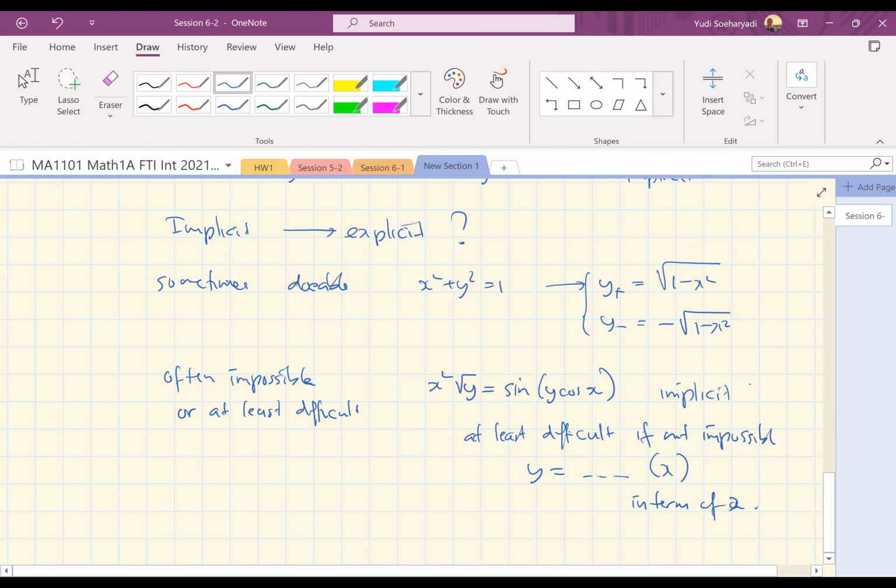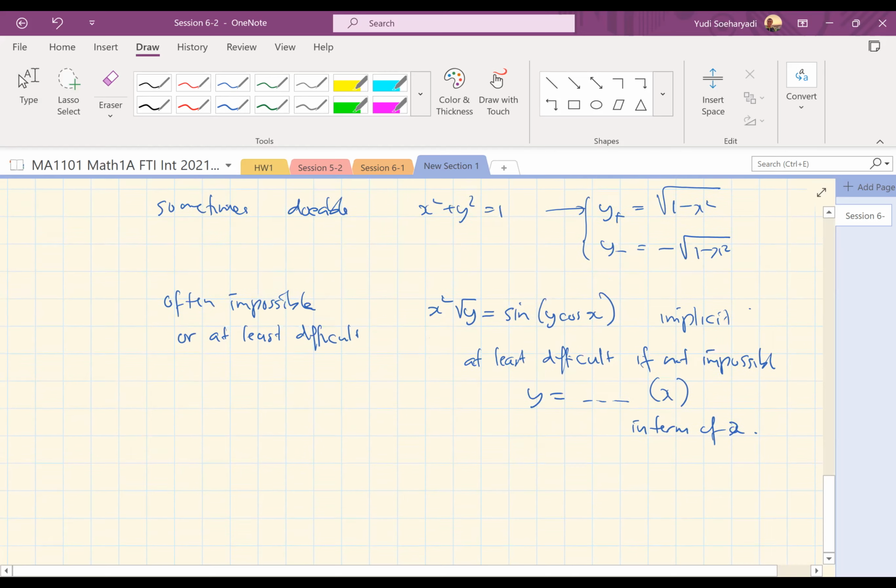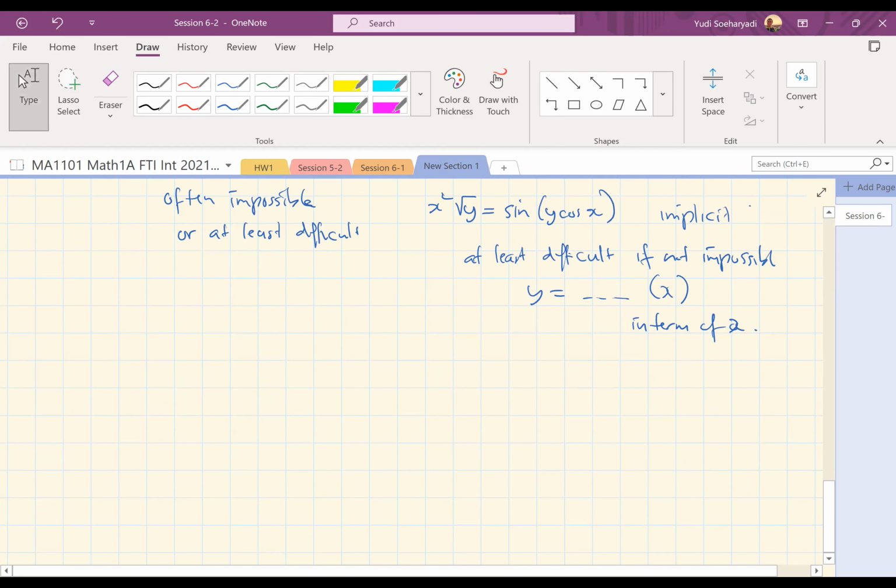Okay, so that's about what is explicit versus implicit. All right, so let's do calculus on this implicit versus explicit thing. Now the question is about this.